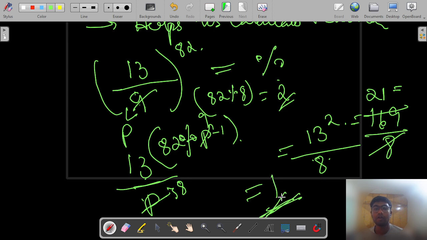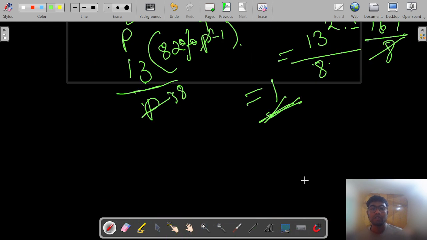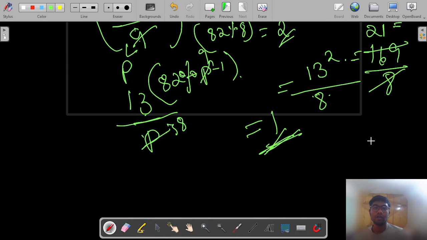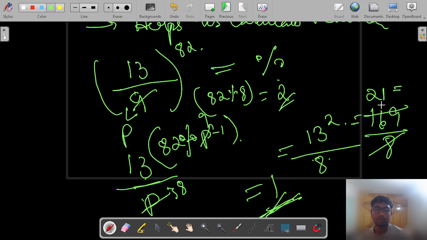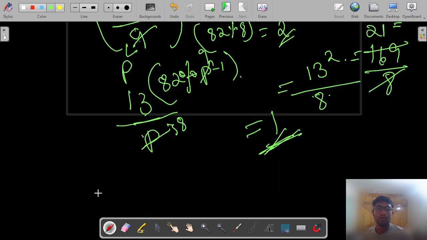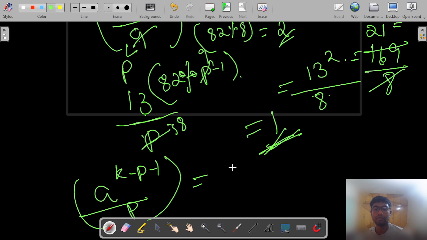So this will be the output. This way Fermat's theorem helps us calculate a solution, a power k modulus (p minus 1) by p. So this will be the formula, and this will give us the remainder.